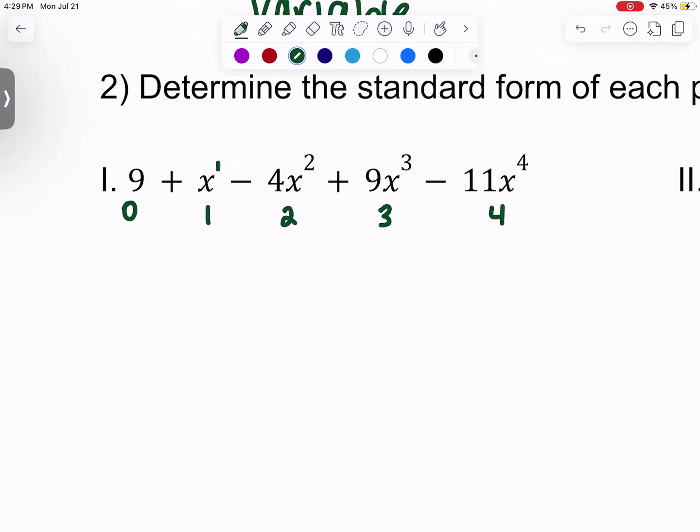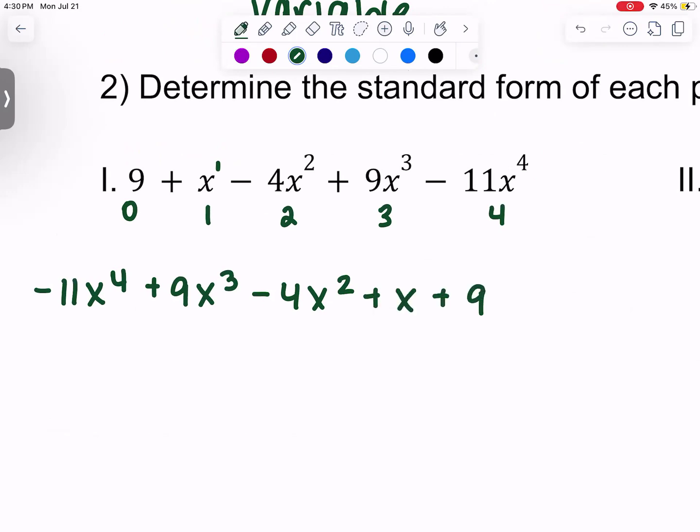So this one's literally written in reverse order. We need to write it in the right order. Negative 11x to the 4th, because that's the highest one, plus 9x to the 3rd, minus 4x to the 2nd, plus x plus 9. Positive x and a positive 9.